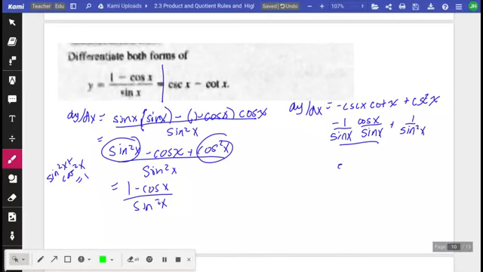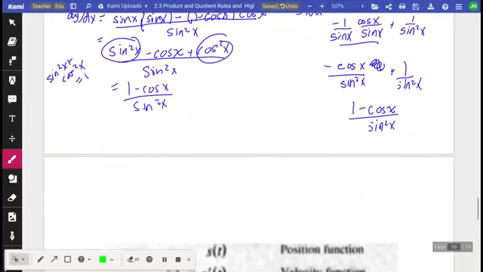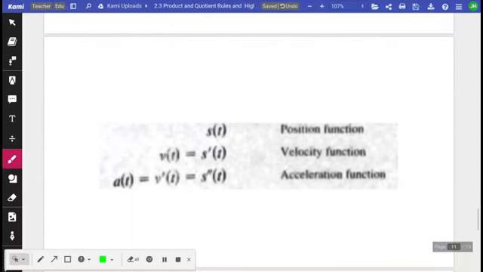So it's negative cosine x all over sine squared x, and this guy is still plus 1 over sine squared x. Since they have the same denominator, that's 1 minus cosine x all over sine squared x, where I was going earlier. So it's the same. It didn't ask us to prove it, but I think sometimes that's helpful.